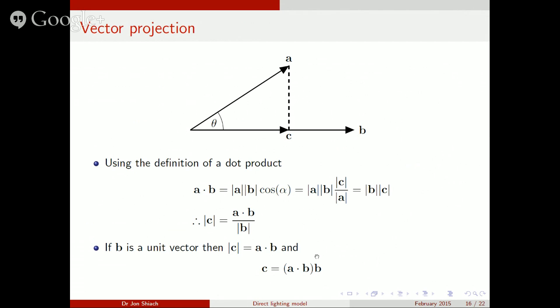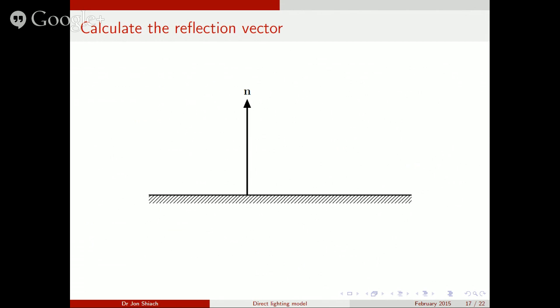How does that help us calculate the reflection vector? You've got this diagram in the notes, but I've broken it down into parts on this slide. So there's my surface. That's my normal vector N. I'm assuming that is a unit vector, just to make the calculations easier.